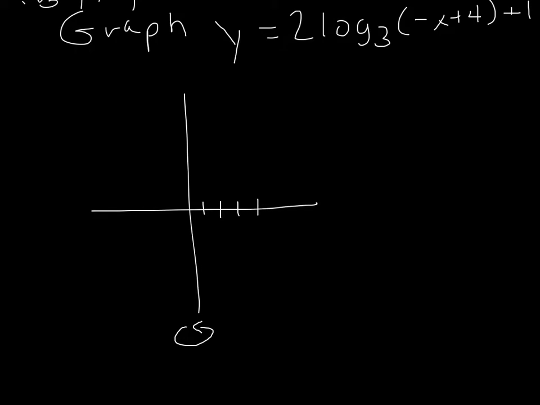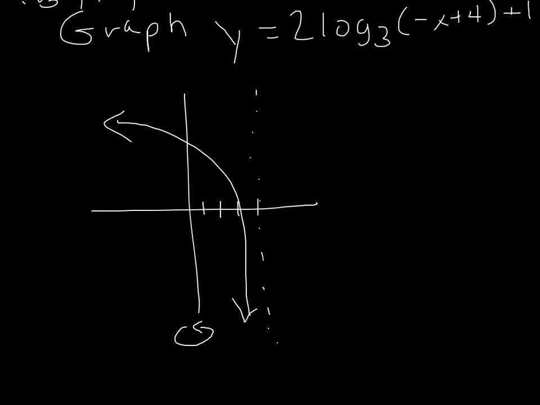So now the asymptote lives right here. And remember, before it was going off to the right, so to reflect that now, it's going to go off to the left, like that.